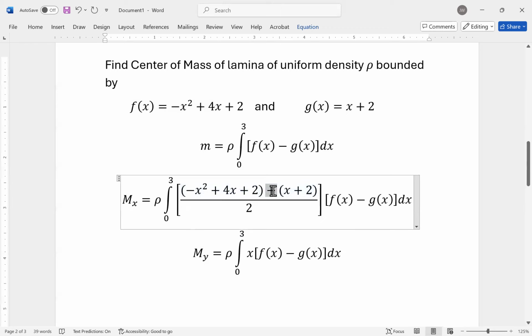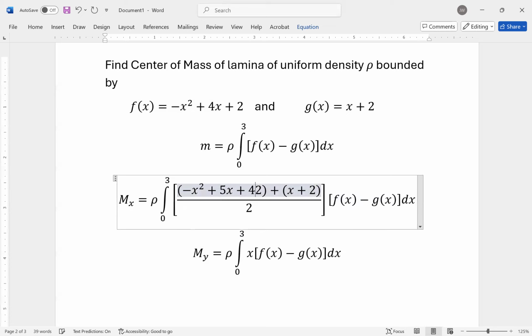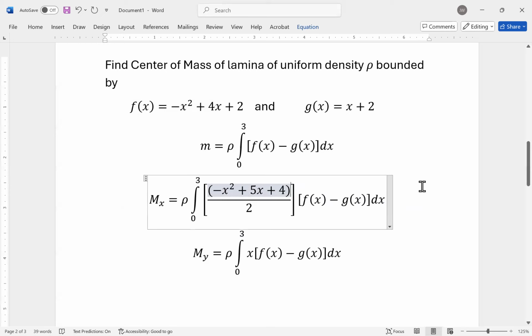You can combine that if you'd like to give you a 5x plus 4 on top. That's usually easier to compute with. So we'll go 5x plus 4. And that's the simplified version of that.